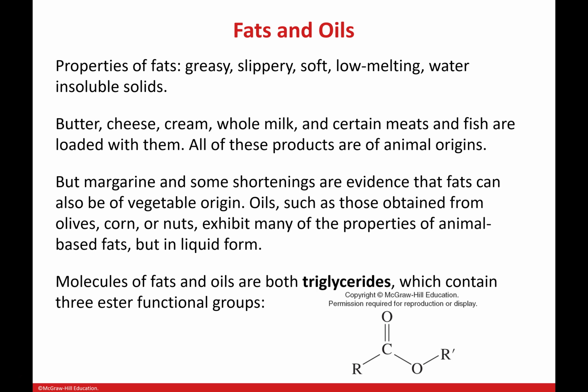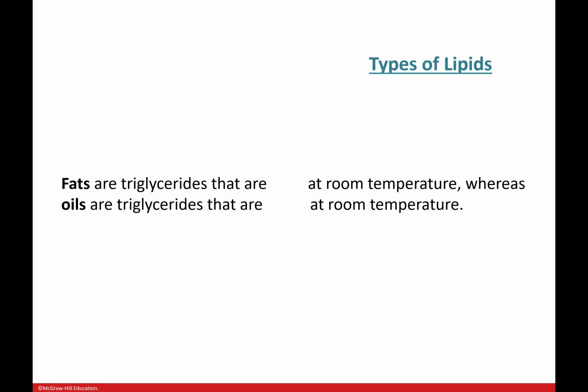What's important about an ester group is you have a carbon double bonded to an oxygen, and that same carbon is also bonded to an oxygen. That's what makes it an ester group. So triglycerides have 3 of these ester groups.